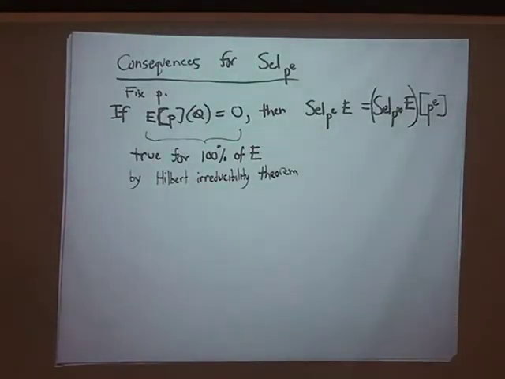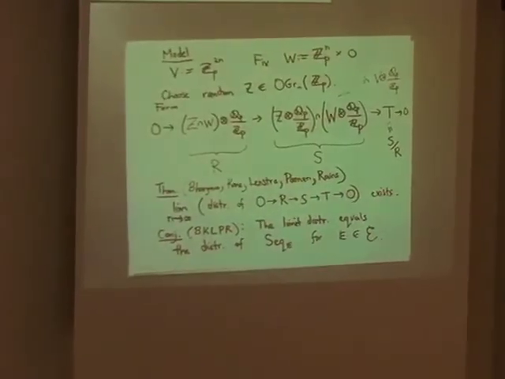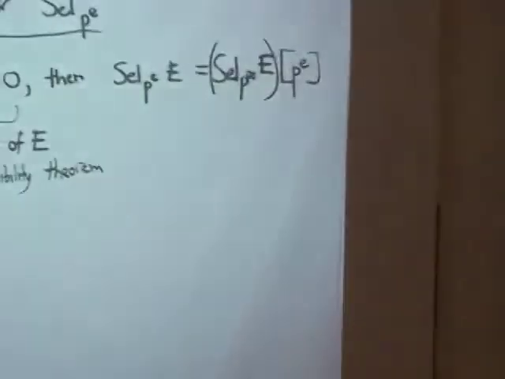And that means that this model is actually predicting something about the p to the e Selmer group as well, because you just take whatever this model gives for the p to the infinity Selmer group, and then that'll tell you what the p to the e Selmer group should be.